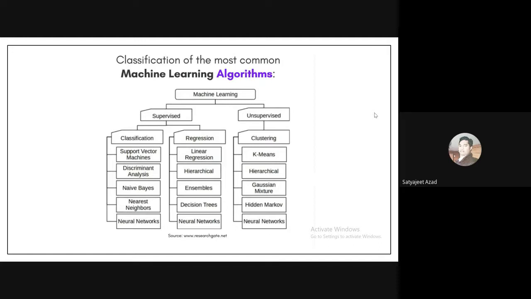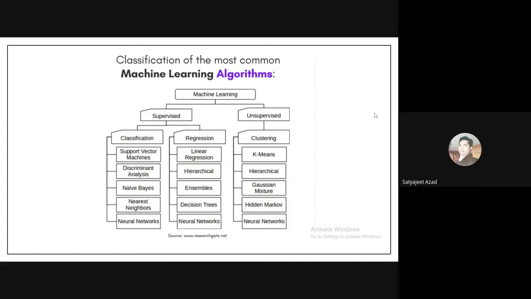When it comes to classification, there are simple algorithms like logistic regression, support vector machine, and discriminant analysis. Here I'll try to cover LDA, which is one of the classification algorithms, and also neural network. In regression, there are algorithms you might be aware of, like simple and multiple regression.